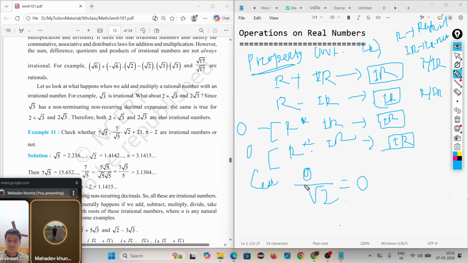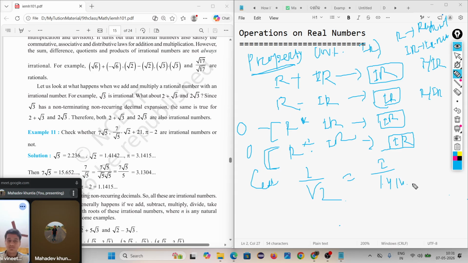But this rule is not applicable for 0. 0 is an exception. Or you can take any number, like 2 divided by root 2. Here the value is 1.414 and so on. If this is non-terminating, non-repeating, your answer will also be that. Do you understand this concept? Yes, sir.